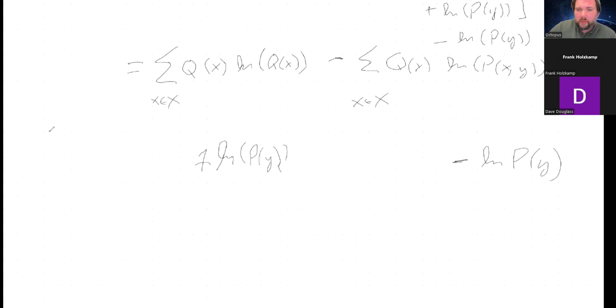Because this natural log of p of y was just a constant, so we can pull it in front. And then the key insight here is that this sum over x in X of q of x is equal to 1, since q of x is a probability distribution. So I can take this summation and just turn it into multiplied by 1.